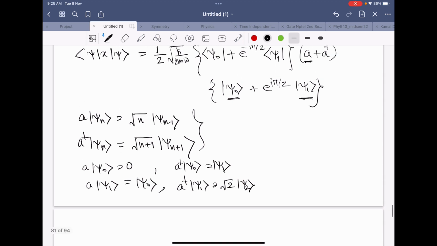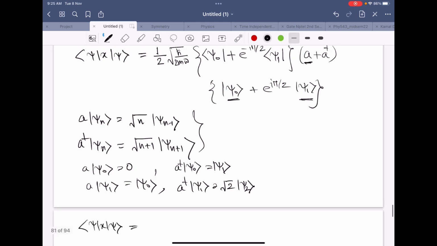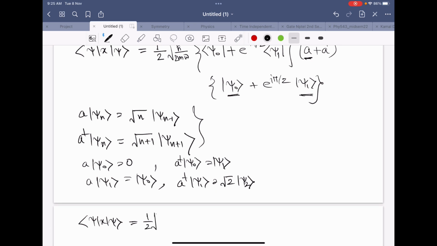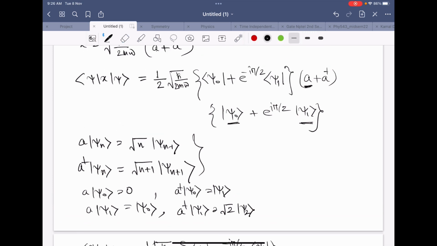So if we write it explicitly, then the expectation value equals half root of h bar by 2m omega, times the bra psi 0 plus e to the power minus i pi by 2 psi 1, and now this operator acting on the ket gives 0 for psi 0 and psi 0 for psi 1.